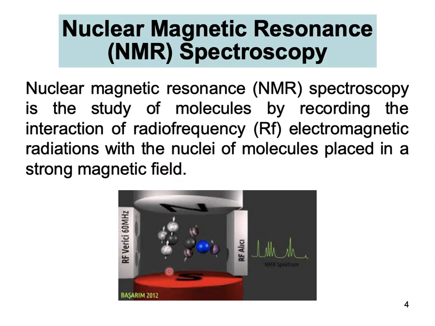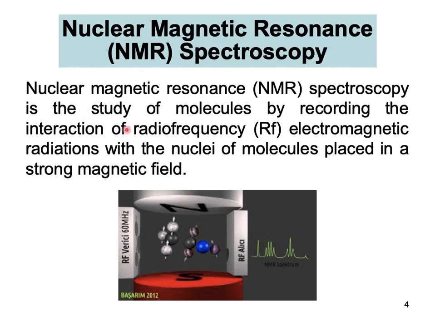So the molecule is placed in a strong magnetic field, and then the radio frequency is provided, and there is an interaction with the molecule's nuclei. As a result of that, we can get information about the molecule.